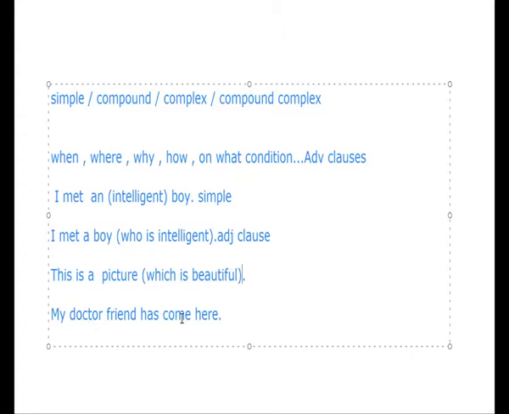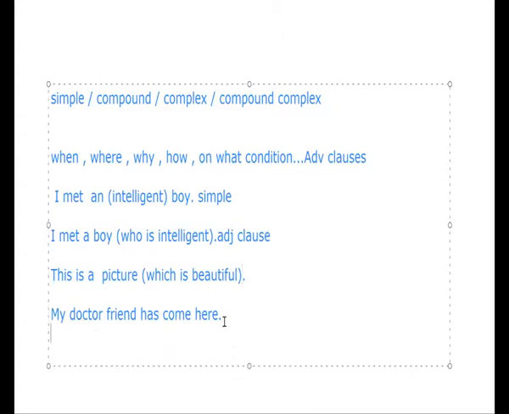Next, my doctor friend has come here. Okay, how do I change this into complex? Look at this. My friend who is a doctor has come here. From here to here is an adjective clause.